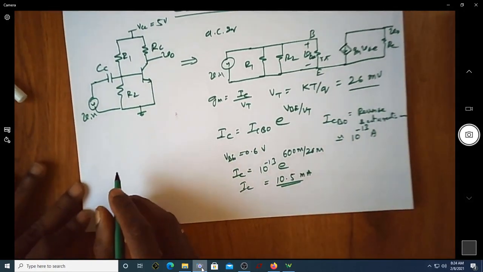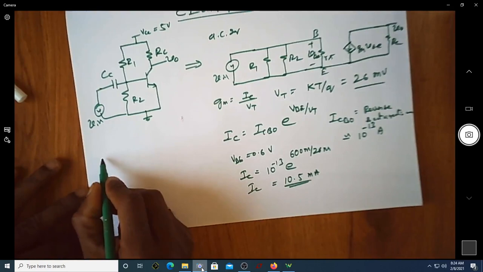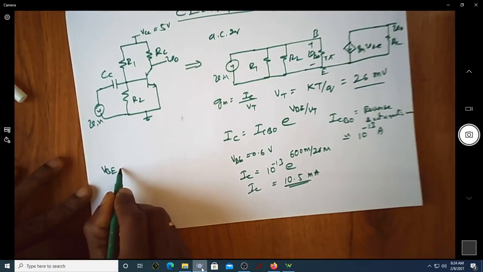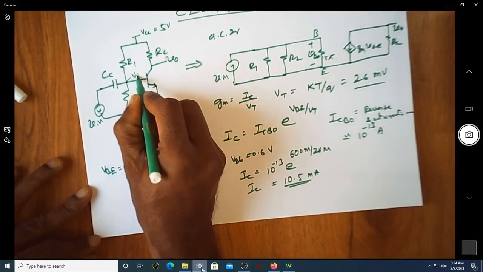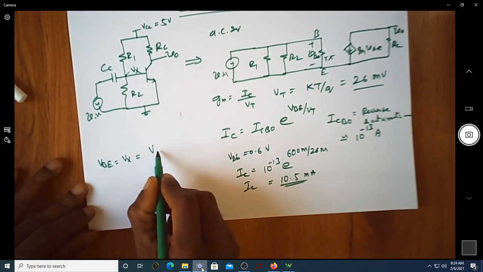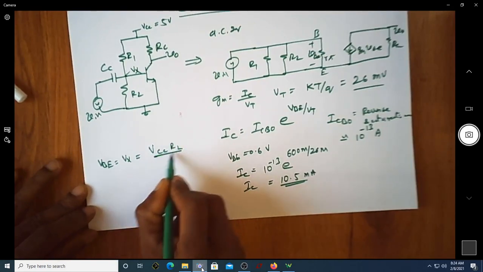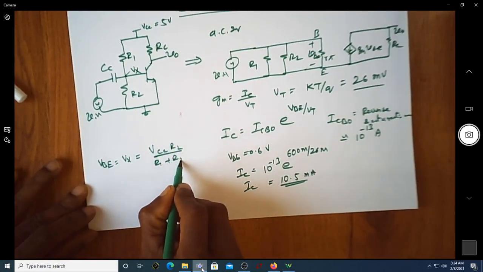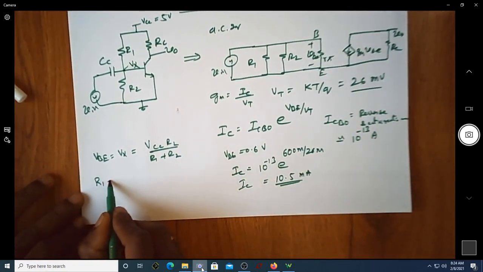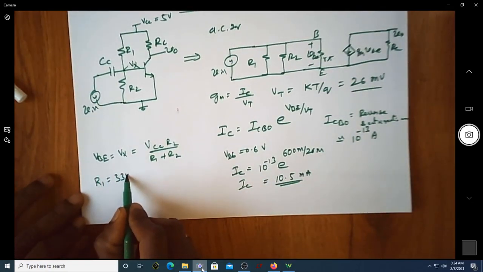If you want to have VB as something like 600 millivolt, we know that VB is given by this particular expression, which is equal to Vx. So I can write it as VCC times R2 by R1 plus R2. Now let me assume the value of R1 to be something like 33 kilo ohm.